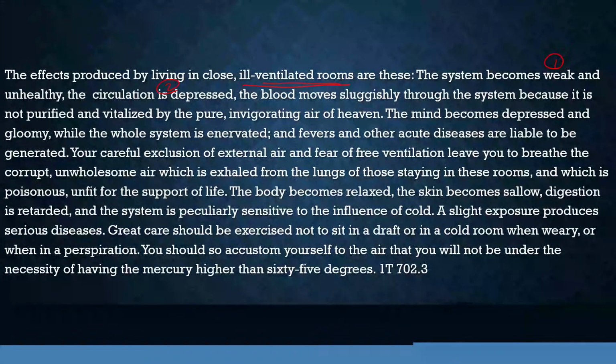Great care should be exercised not to sit in a draught or in a cold room when weary or when in a perspiration. You should so accustom yourself to the air that you will not be under any necessity of having the mercury higher than 65 degrees.